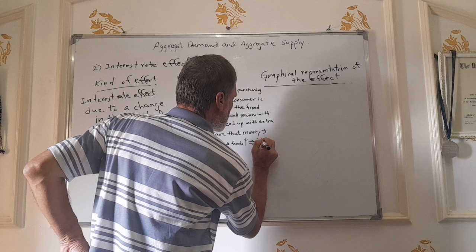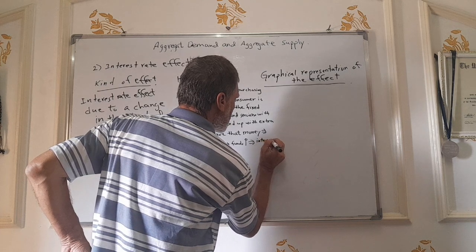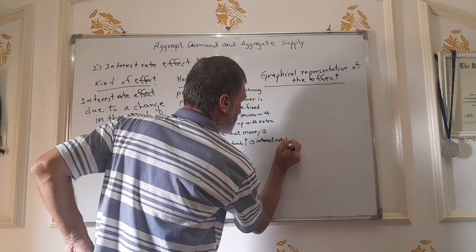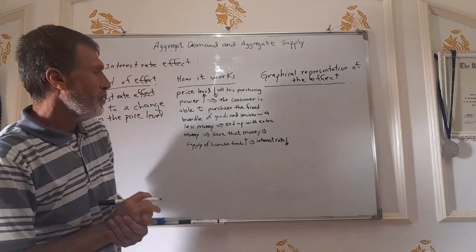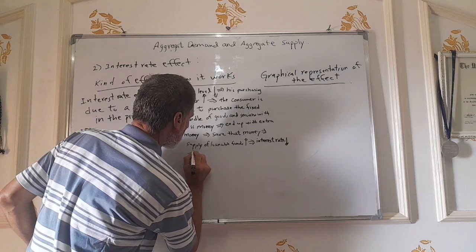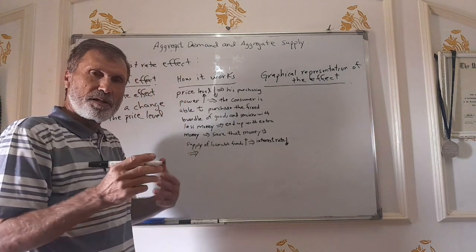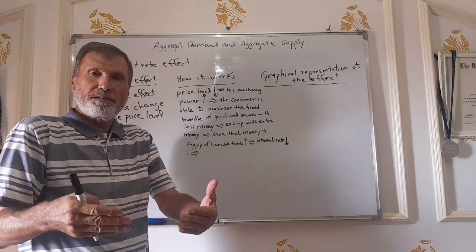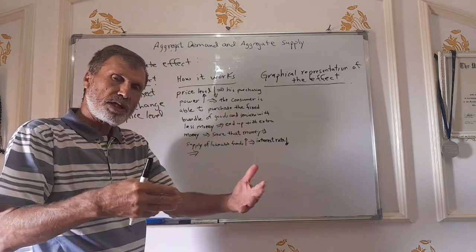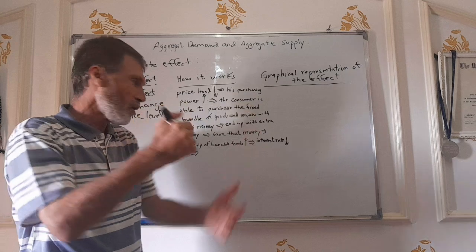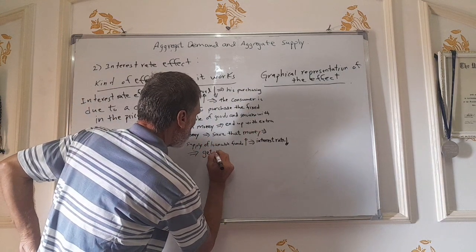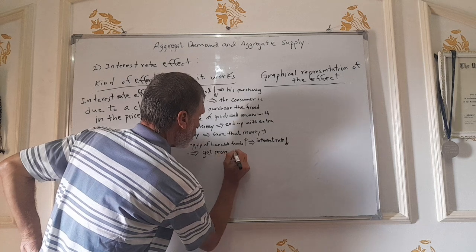Interest rate goes down. So when the interest rate goes down, it means what? It means that will motivate or encourage consumers as well as producers and others to get more loans.